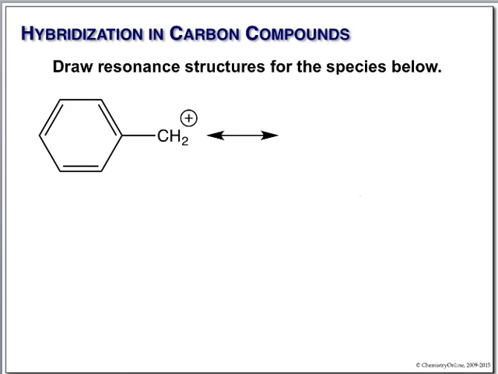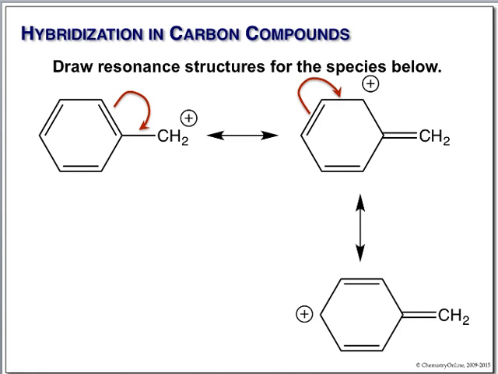Step 1, we want to take electrons from the ring, move it out to neutralize this. We've now placed our positive charge in the ring. Step 2, we can move this electron pair up to neutralize it, putting our positive charge here. Step 3, we can move this electron pair up, putting the positive charge here.